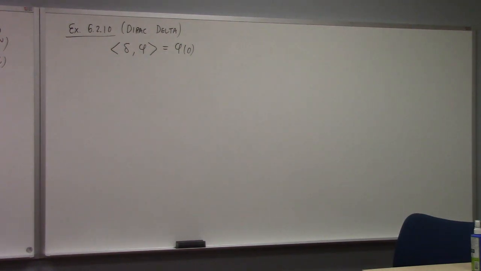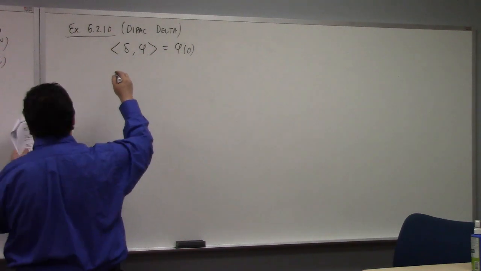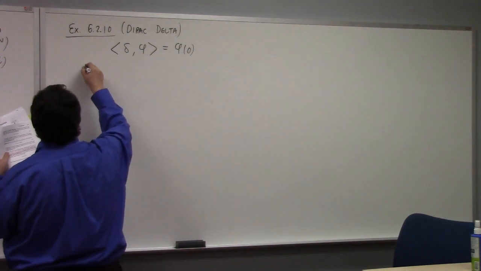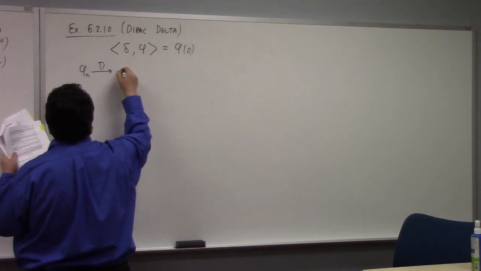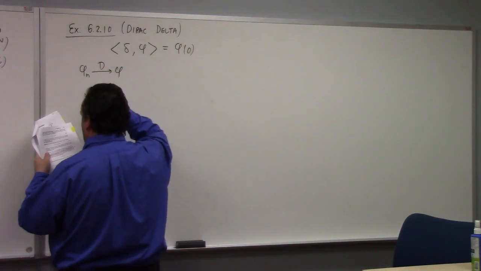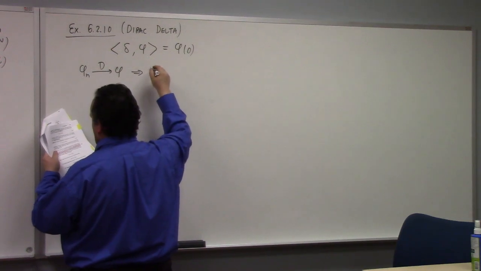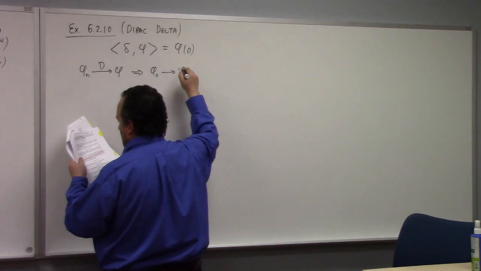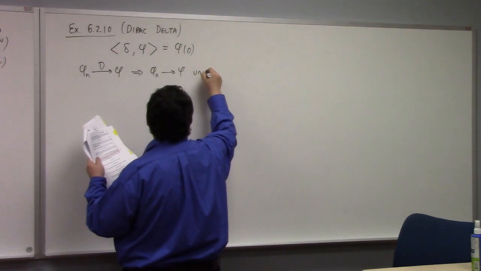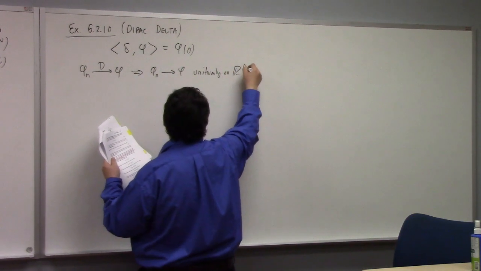Let's see here. Well, he says thus phi n of x goes to, fine, I guess I'll write it down. If we have phi n converging to phi in the test functions, that implies phi n goes to phi uniformly on Rn, okay.